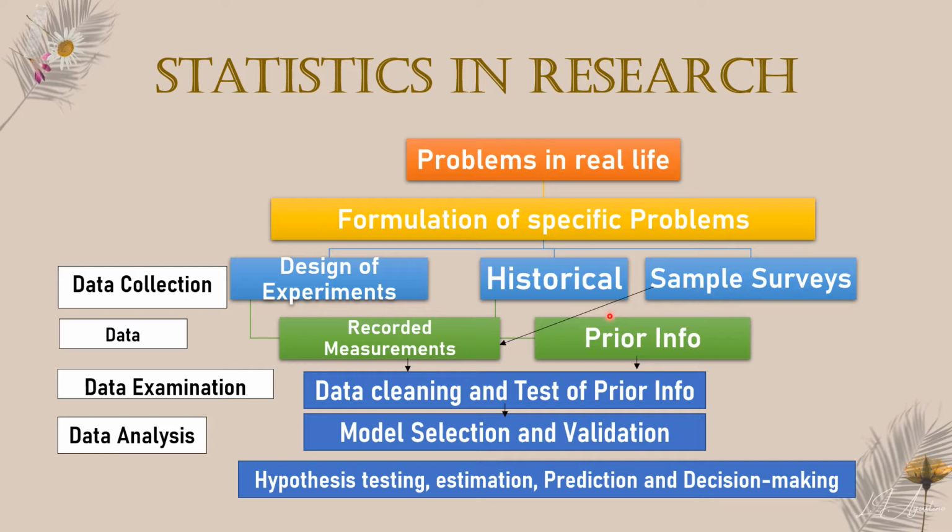In our data, we have recorded measurements or we have prior information. In data examination, we have data cleaning and test of prior information. And then data analysis, we have model selection and validation. So we have hypothesis testing, estimation, prediction, and decision making. So this is the role of statistics in research.